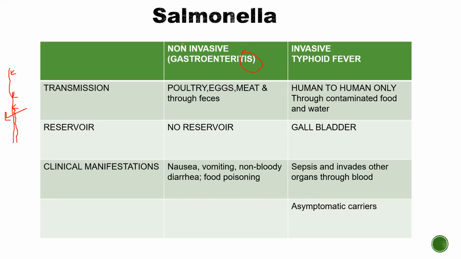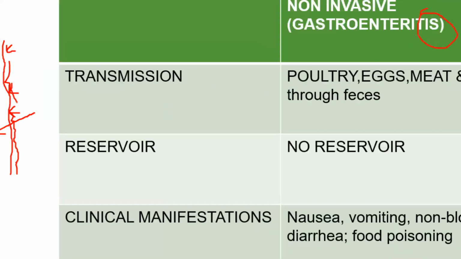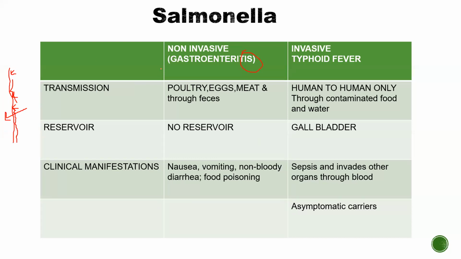So the non-invasive one, very simple: it stays along the gastrointestinal tract, doesn't invade anything, doesn't reach the blood, doesn't reach other organs. It's just there colonizing and infecting the surface. So it just causes inflammation, just gastroenteritis or food poisoning.